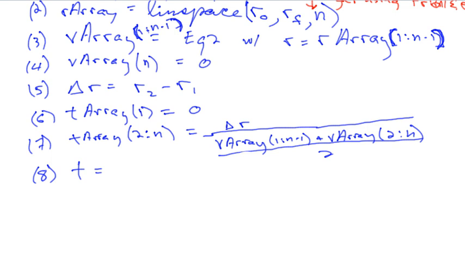So here we go. Nope, but the denominator in brackets. Or I could have just brought that 2 up to the top. And this was t is equal to the sum of t array. Okay, got that fixed up now.